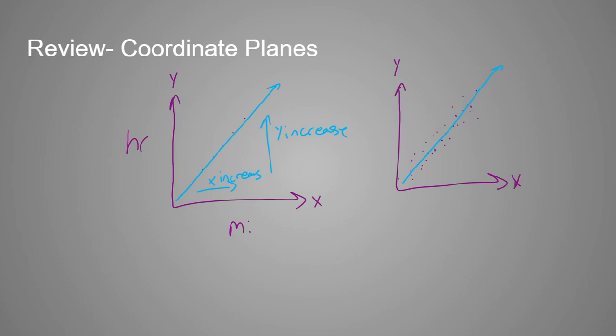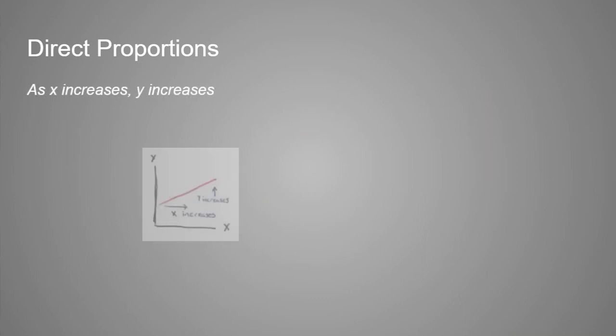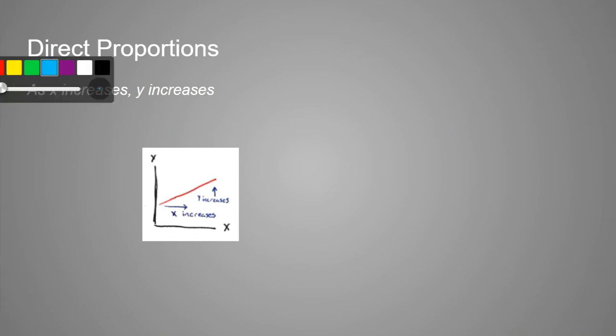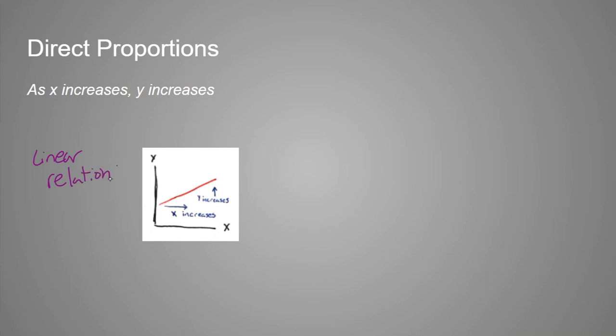Now, this relationship that we just looked at is called a linear relationship. So this is a linear relationship, which just means it's a straight line.